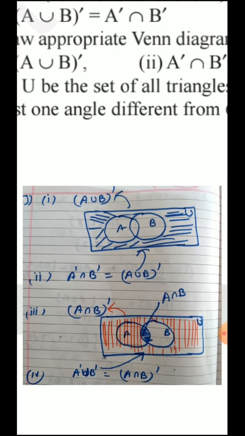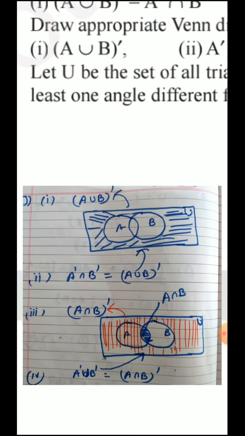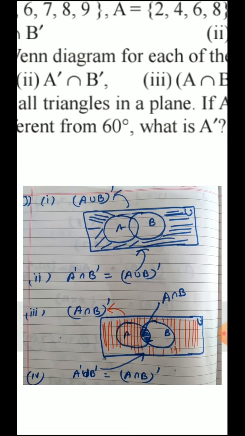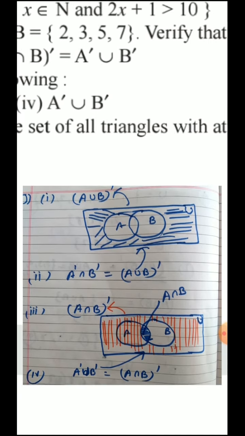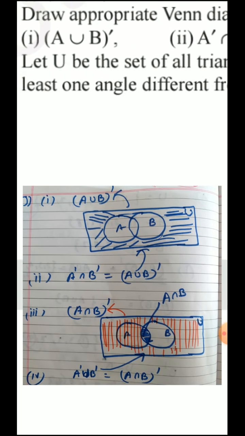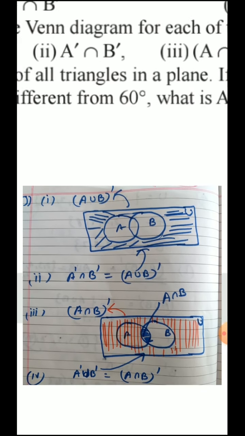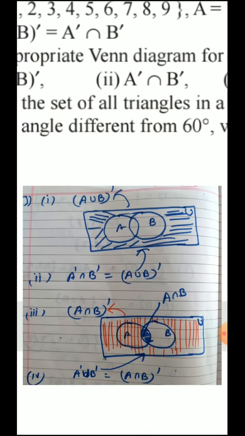Now come to question number 6. Let U be the set of all triangles in a plane. If A is the set of all triangles with at least one angle different from 60 degrees, what is A'? I am repeating the question.